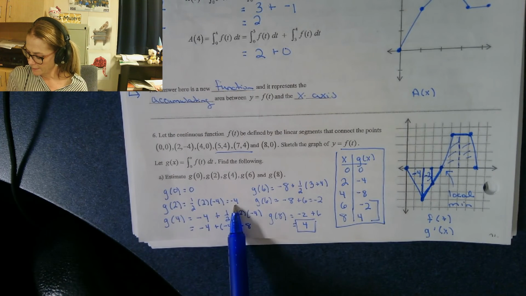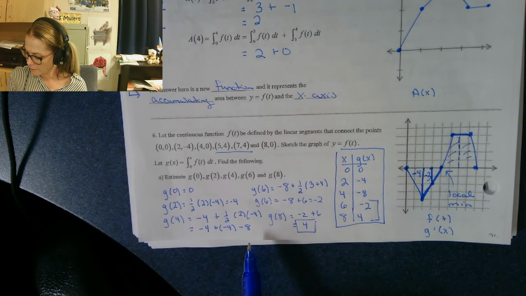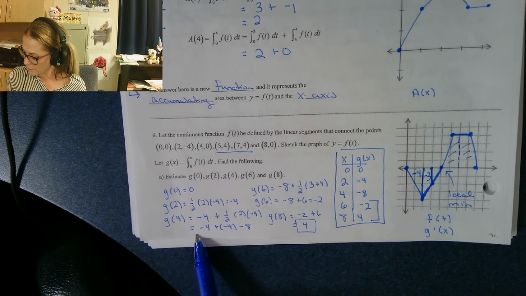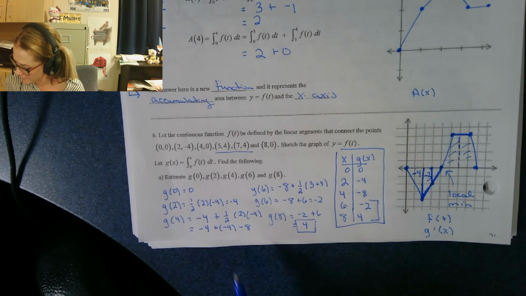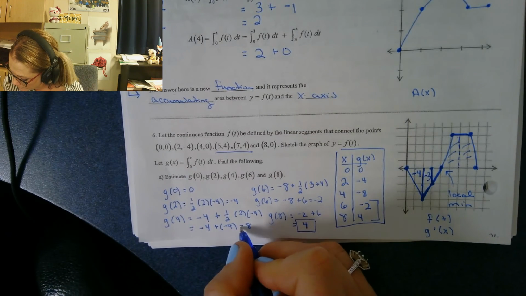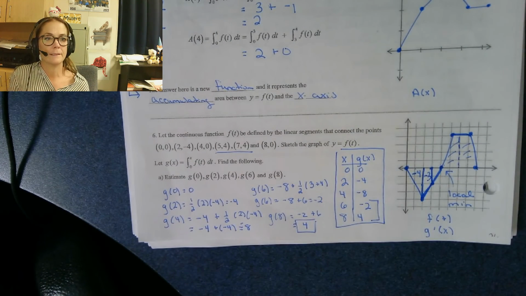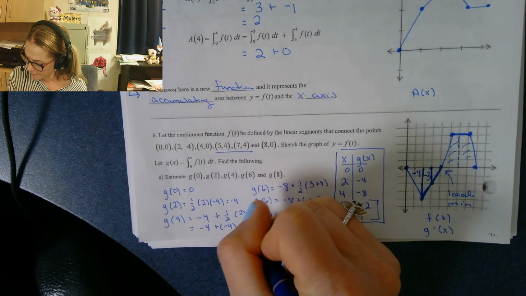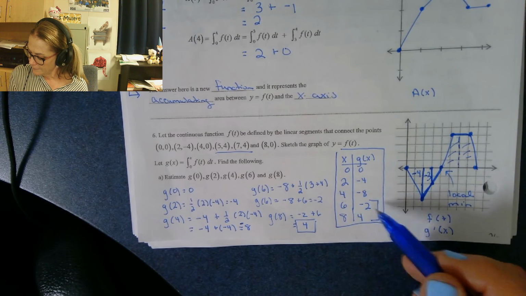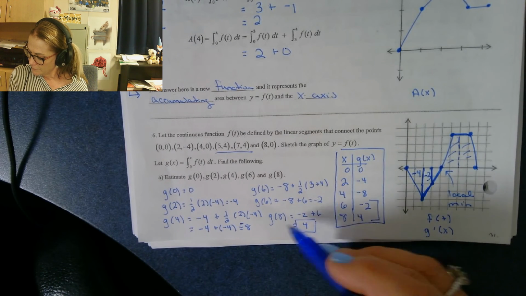Our next one was negative 4, so we need that to be positive 4. Our next one, g of 4, was negative 8, and then g of 6 was negative 2, and then 4.